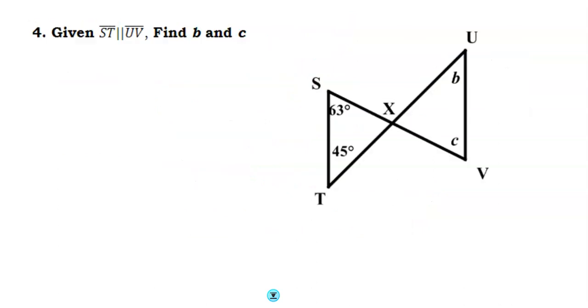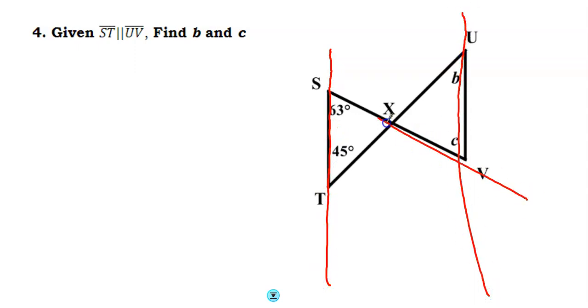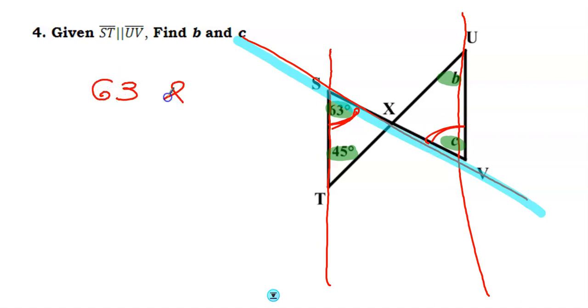All right, so given that these are parallel, how do I figure this out? If these are parallel, let's draw our transversal and cut through it. So then these angles are on the inside. And if I have this transversal right here, that means that this 63 and angle C are alternate interior.